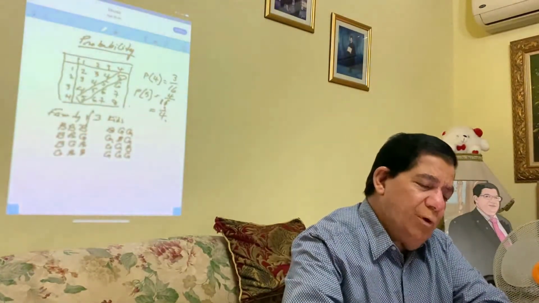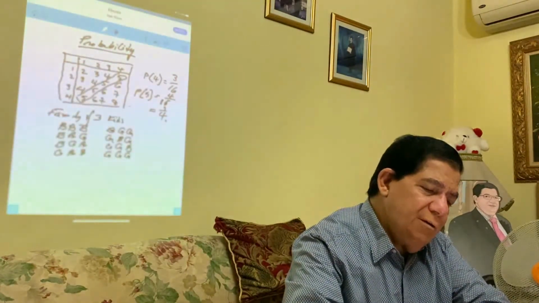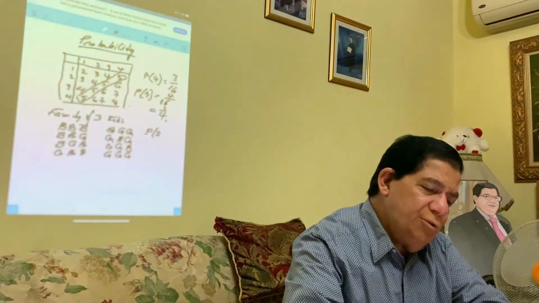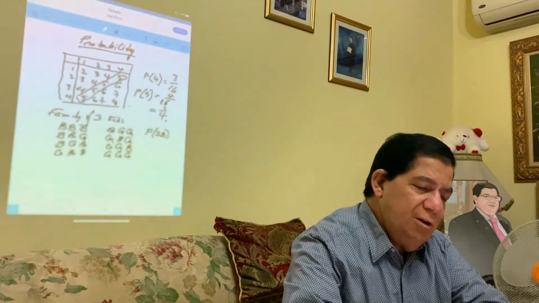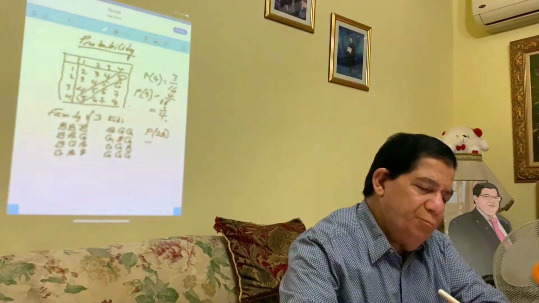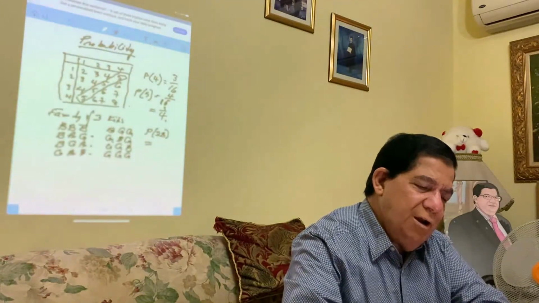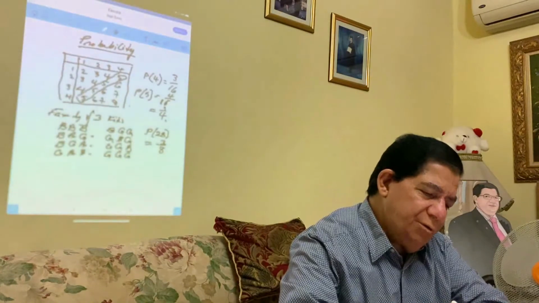If I ask you what is the probability of having 2 boys and 1 girl, you are going to count them. This and this and this. It is 3 over 8. A problem like this.